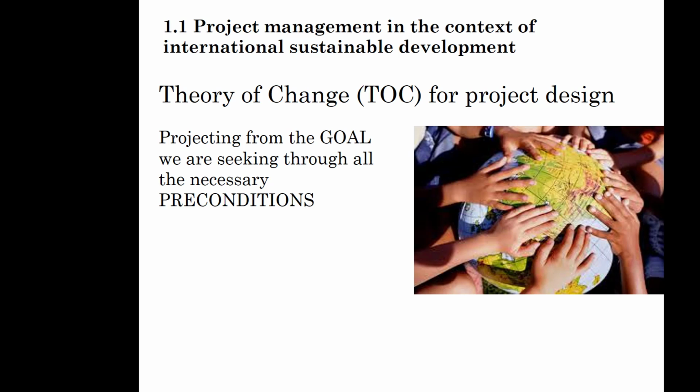It will be a much more complex approach that settles on a coherent and well-written narrative on how change is going to be brought about in this results chain of activities, outputs, outcomes.